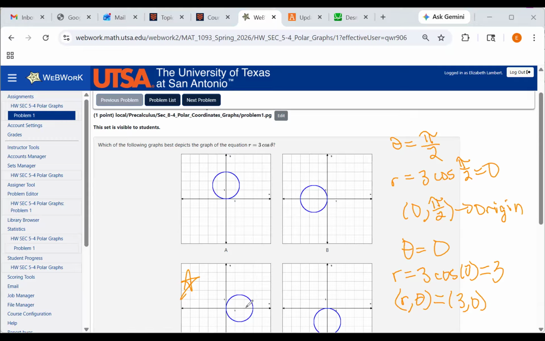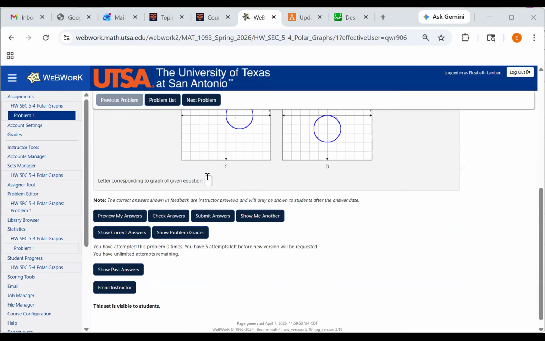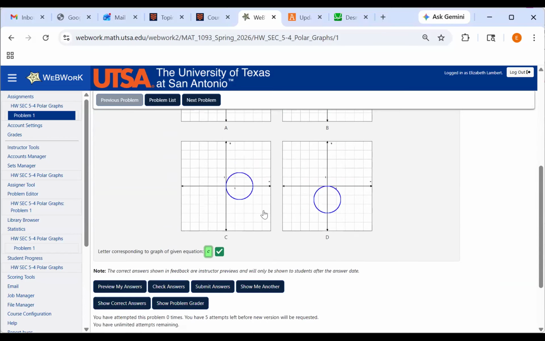Now, the only reason I go to the effort to do this by hand is because in the past, we have given one of these on the final. And I don't know if we're going to do that on this final again. But yeah, I come down here and I type in C, check, and it is happy with C.